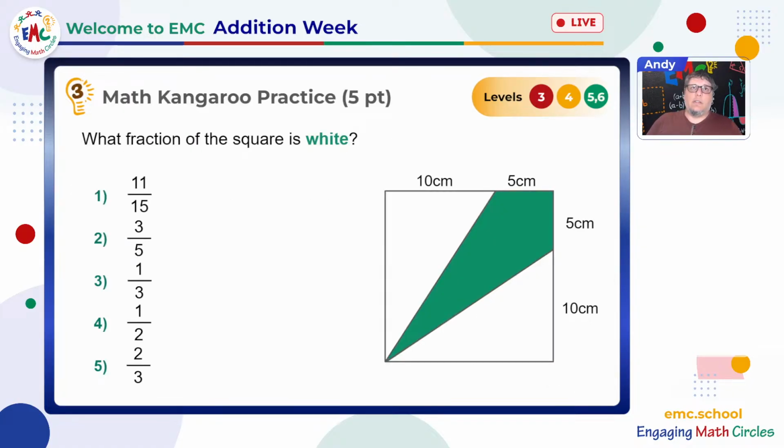Okay, this one's a little trickier. What fraction of the whole square is white? Simply phrased question, difficult to answer.